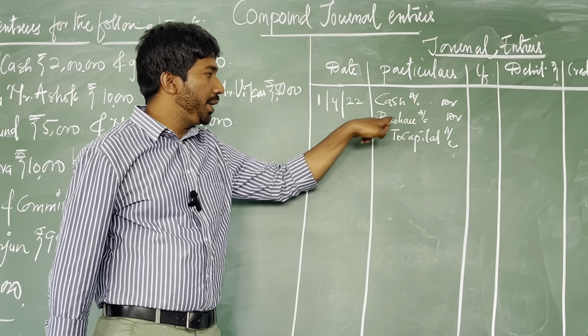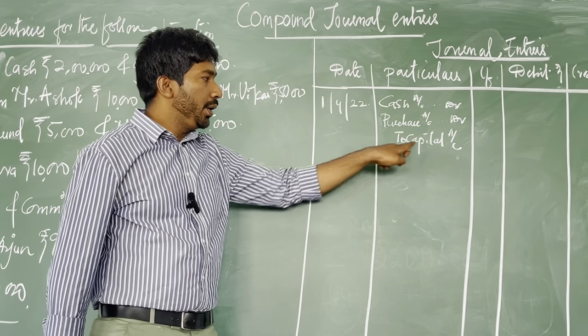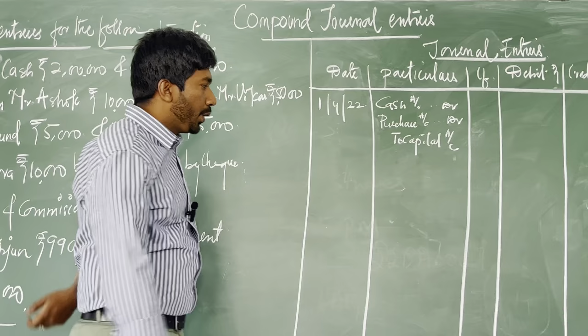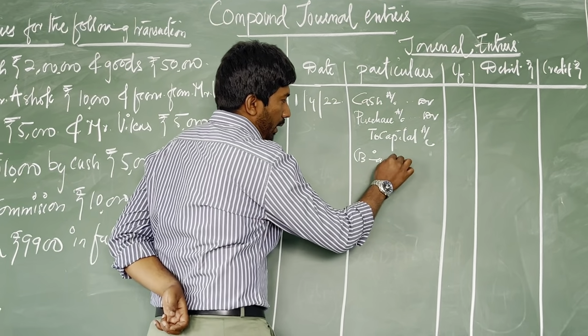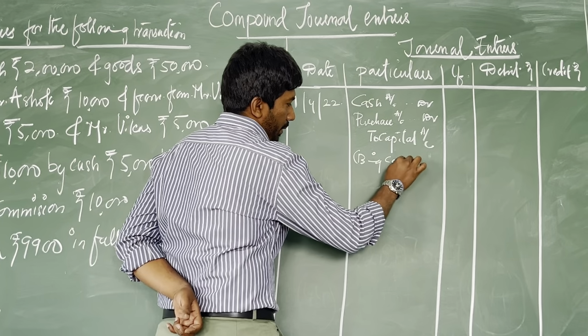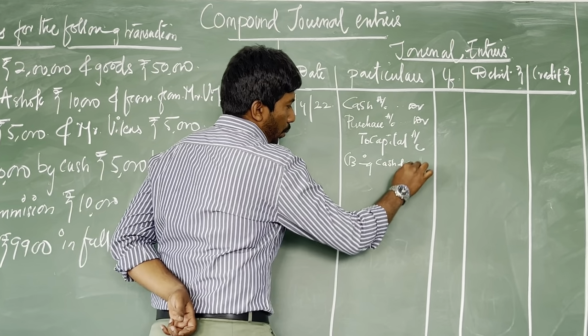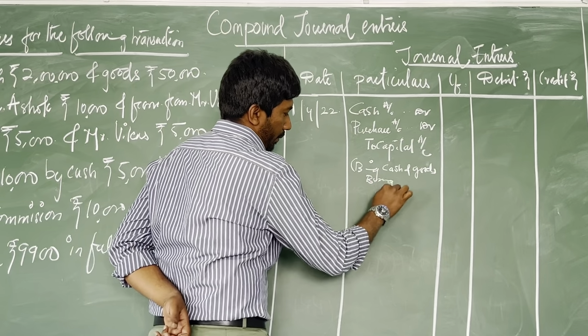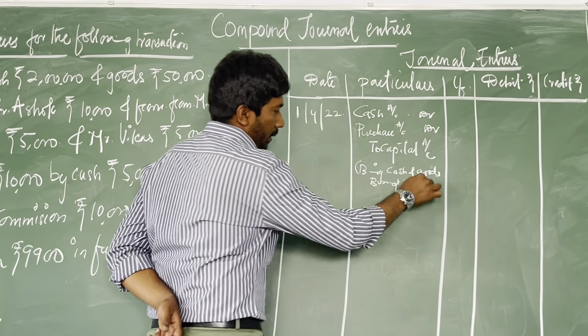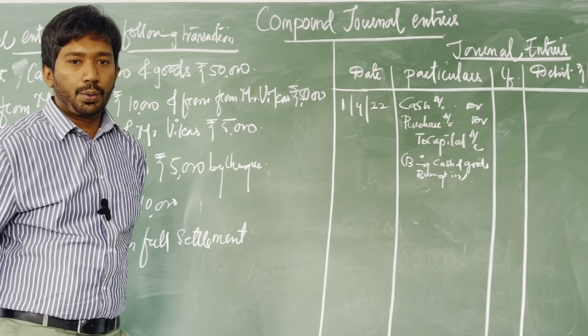So cash account debit, purchase account debit, to capital account. You can write a simple narration: being cash and goods brought in.